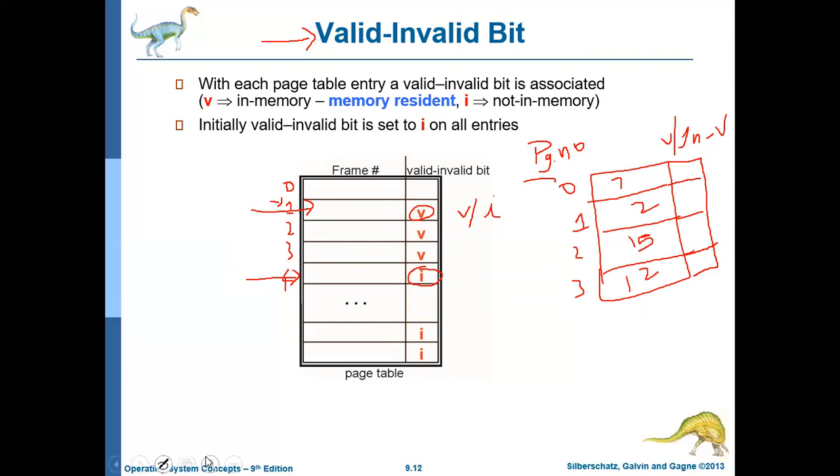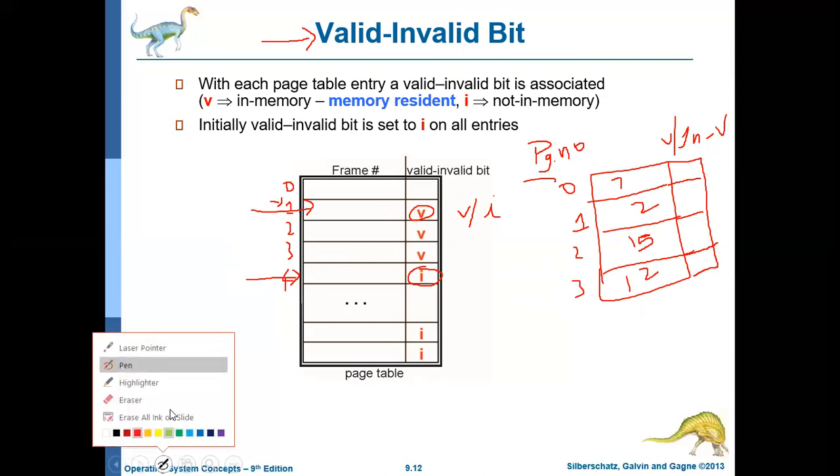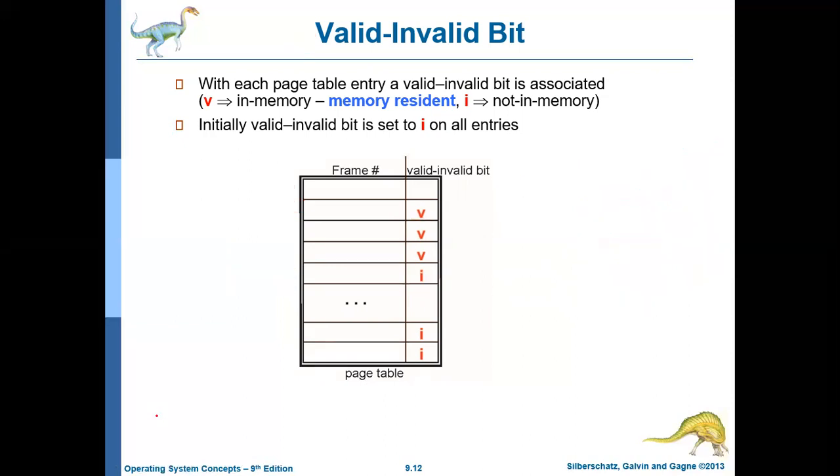So that is what the valid or invalid bit means. The additional hardware added by the memory management unit is one more bit, called the valid or invalid bit, in the page table. The page table is indexed with the page number, and page numbers are contiguous, like 0, 1, 2, 3.